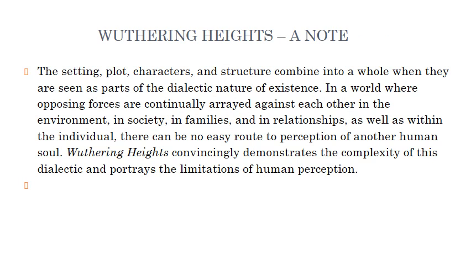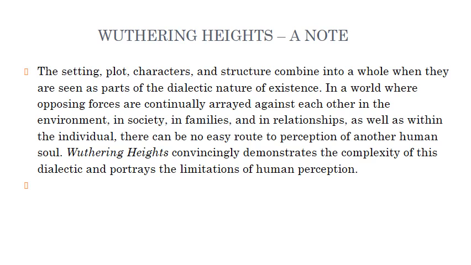We find the plot, setting, characters, structure, all these combined are seen as part of the dialectic nature of existence, as Bronte focused only on the life in the moors.